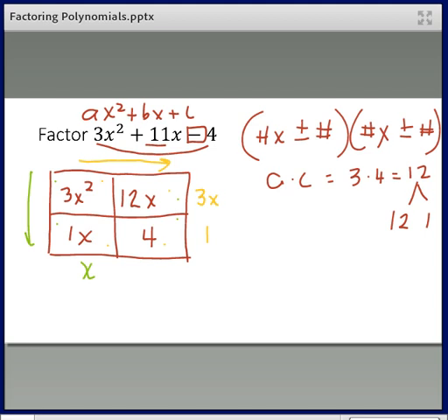But they do have an x in common, so there's an x. And then I look at these two. What do they have in common? Both 12 and 4 are divisible by 4. So there's my factors. And so I build my factors. And again, I don't put the signs in until I do a little checking.